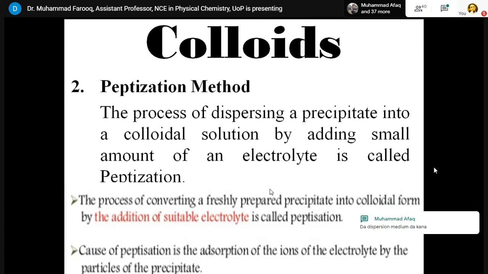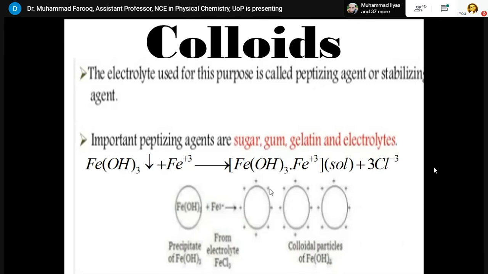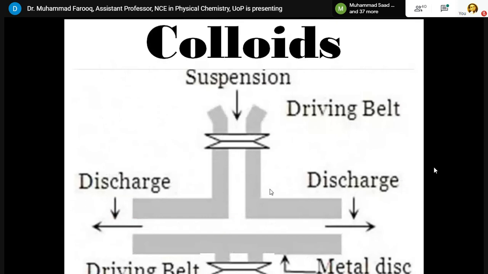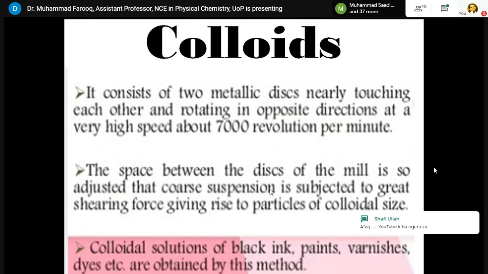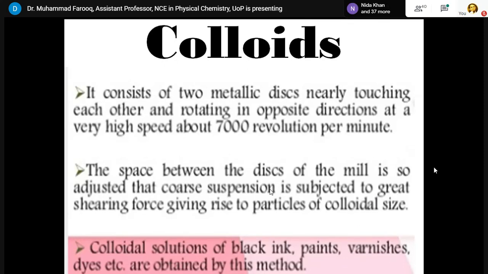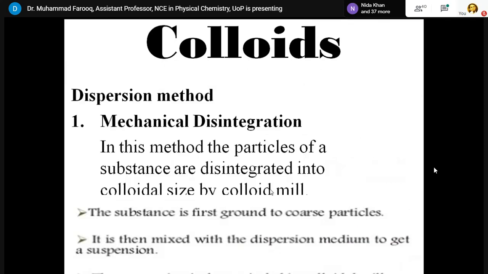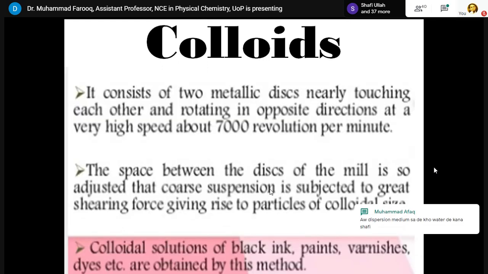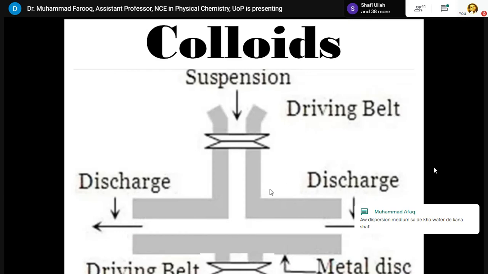These methods are used. You can see this one, the mechanical method is used, and in black ink, pens, varnishes, dyes, etc. So these methods are already being applied, so they have already worked on this.